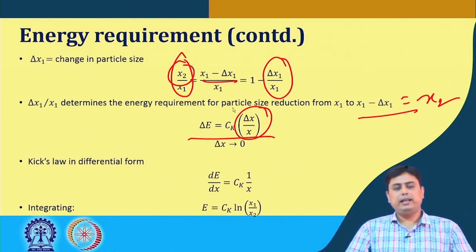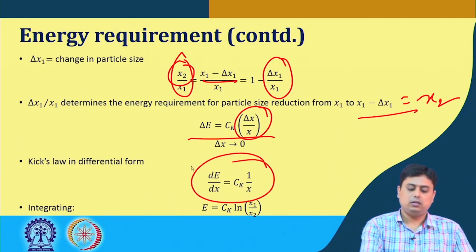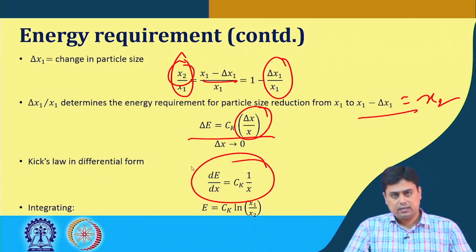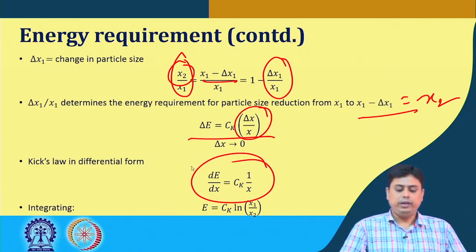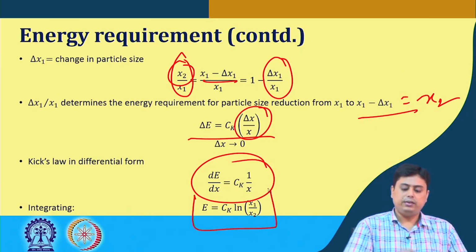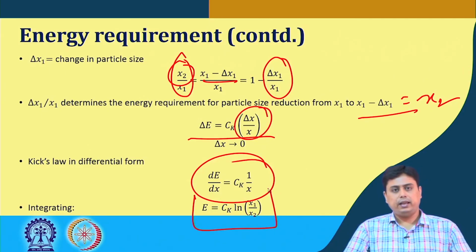And in the limit of del x tending to 0, Kick's law in differential form becomes dE by dx is equal to Ck times 1 by x. If we integrate that, this is the integral form: E is equal to Ck multiplied by ln x1 by x2.